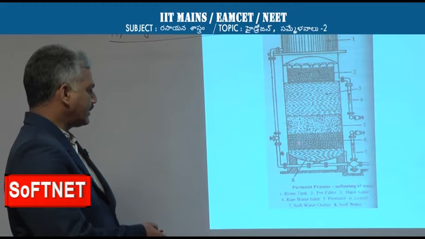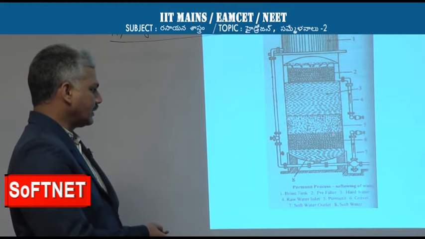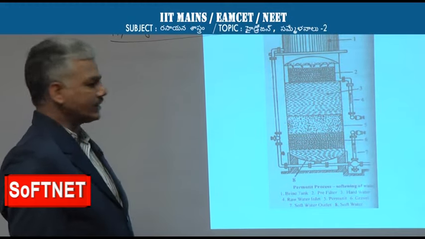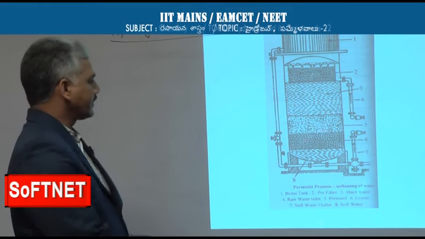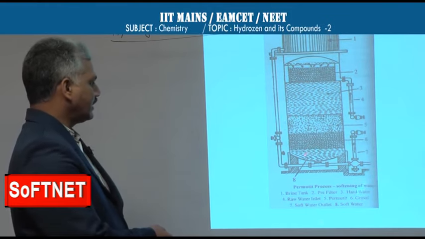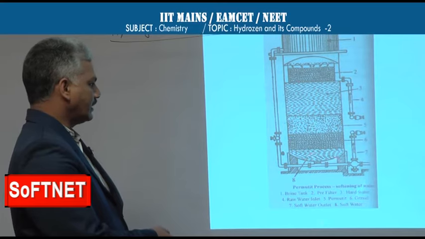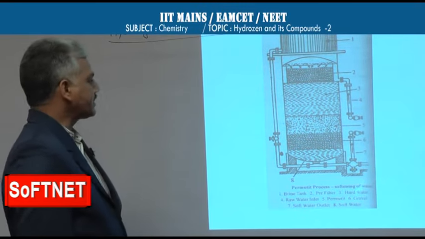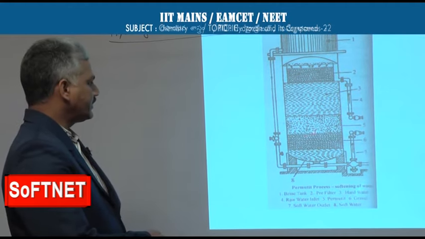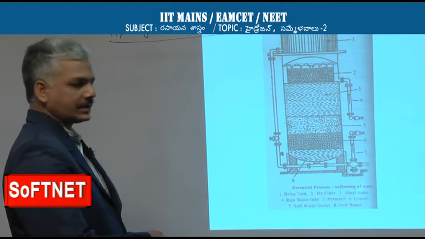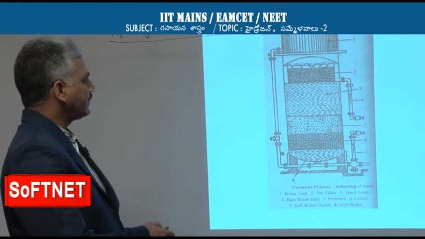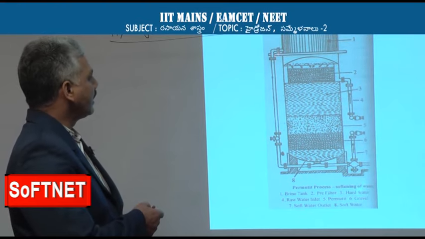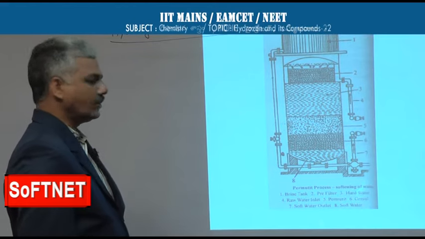The resultant water is made to pass through gravel, which is a natural filtering agent. Soft water is collected at the bottom of the tank, which can be collected as per the requirement. Whenever the permutit is exhausted, the inlet for hard water is closed and the outlet for the brine tank will be opened.